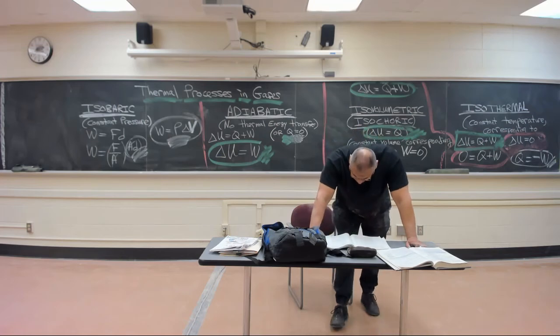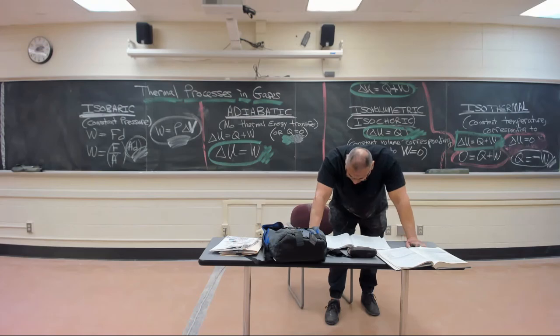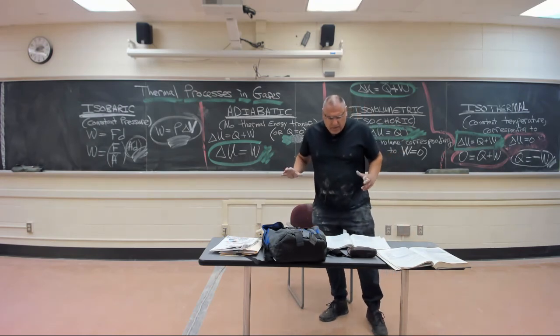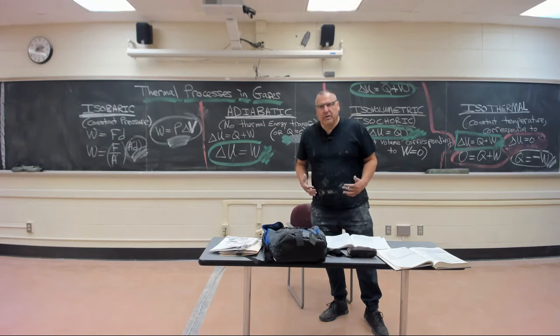So let's see what they're saying here, guys. An expanding gas does work on its environment. P equals delta V. As previously discussed, the magnitude of work on the gas is just the area under the curve. The work done by a gas on its environment must come at the expense of a change in internal energy. If you're going to do work on the environment, you're going to lose internal energy.